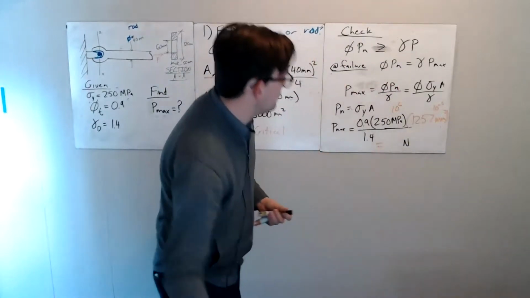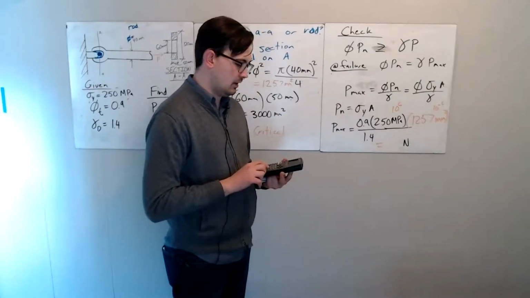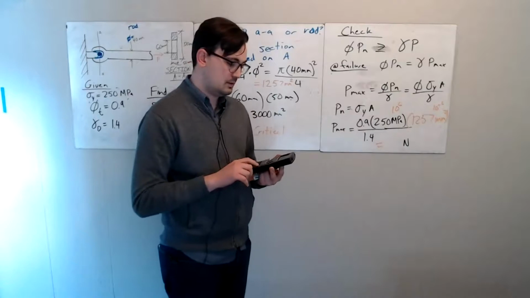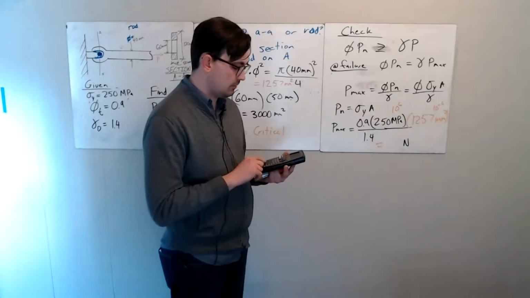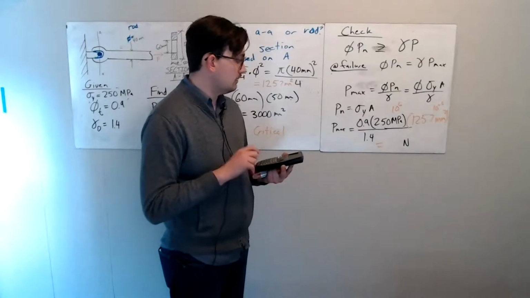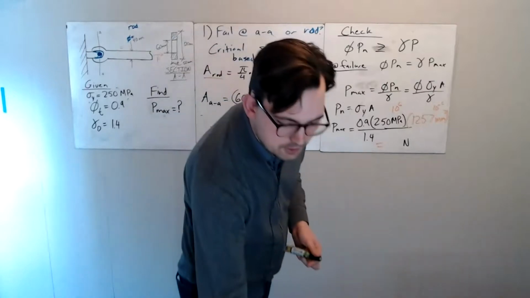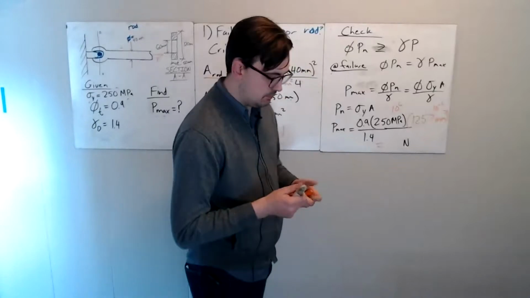And if I bust out my calculator and I do 0.9 times 250 times that number that I calculated before, 1257, divided by 1.4, that's going to give me a pretty large number here. I can plug that in here.